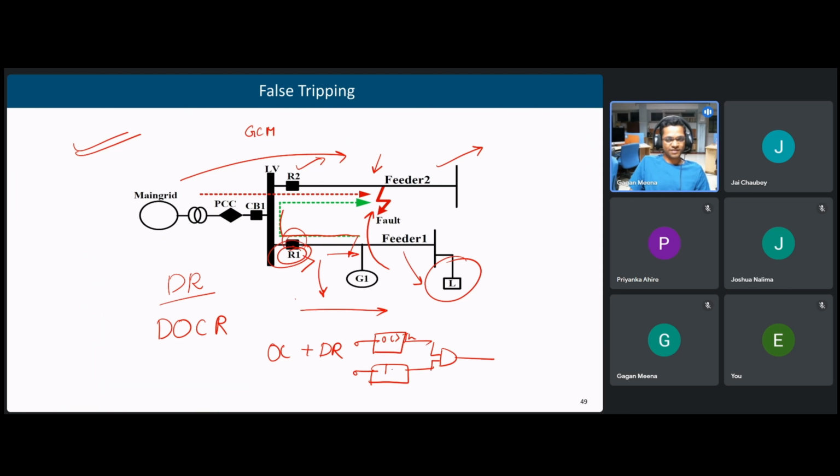So if the current is greater than the threshold and also the direction is as per the zone of the relay, then it will trip. If the direction is not as per the zone of that relay, it will not trip. Is it clear? Yes, correct.